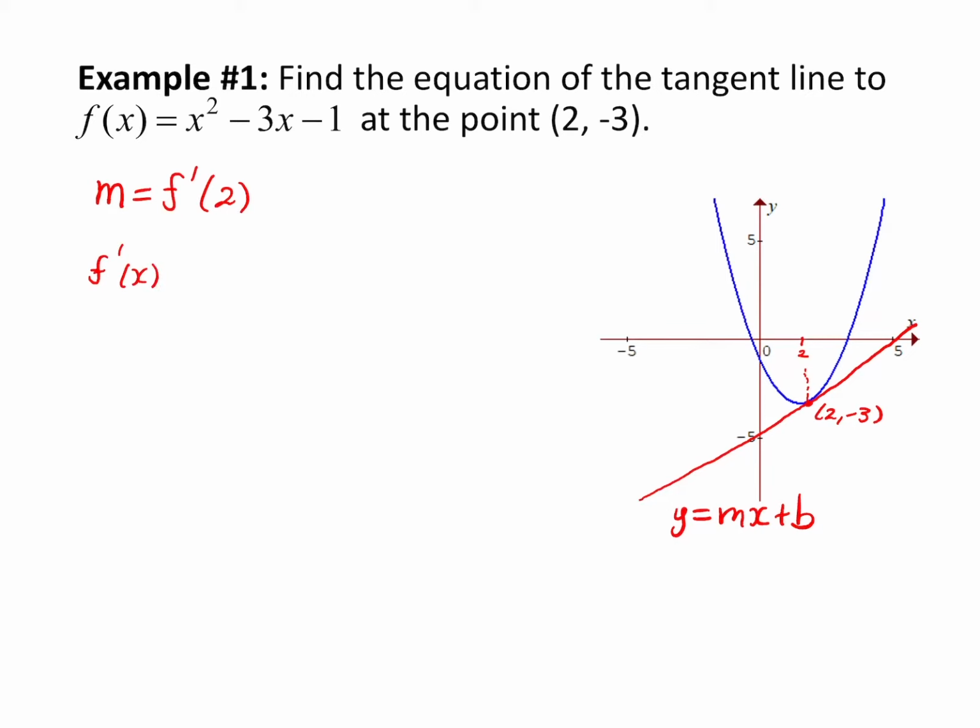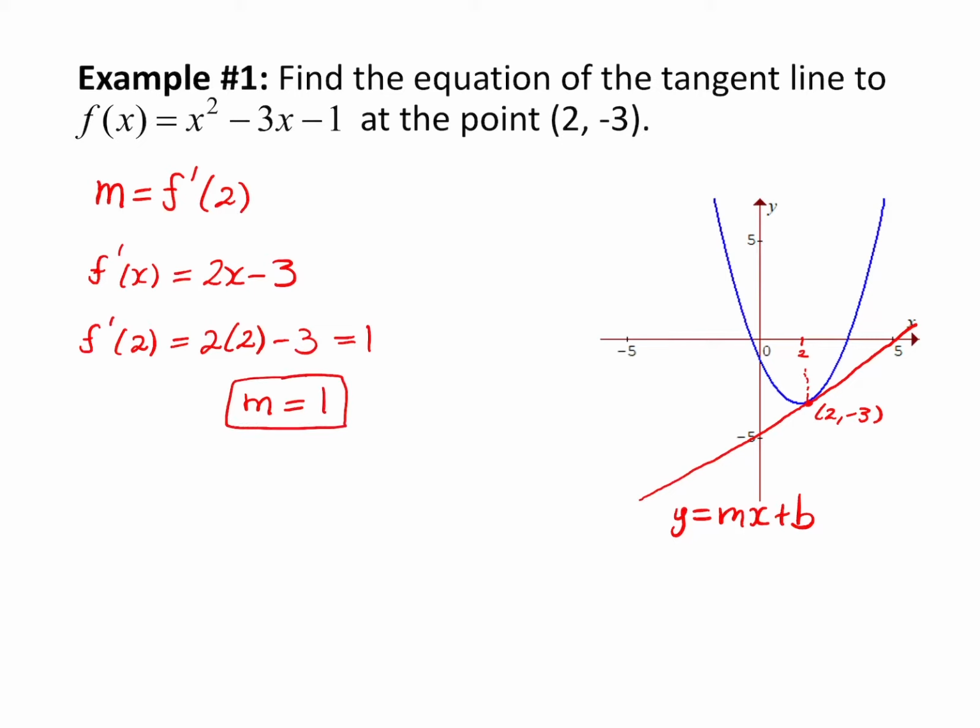The derivative is going to be 2x minus 3. Now we can calculate that at x equals 2. Substituting in 2 for x, we get 2 times 2 minus 3, which gives us a value of 1. So that tells us the slope of our tangent line is 1.